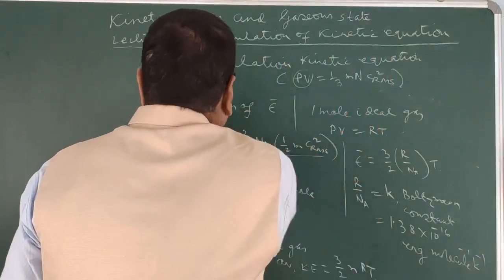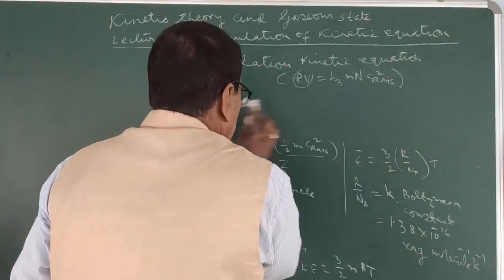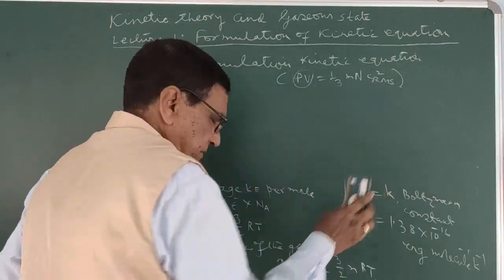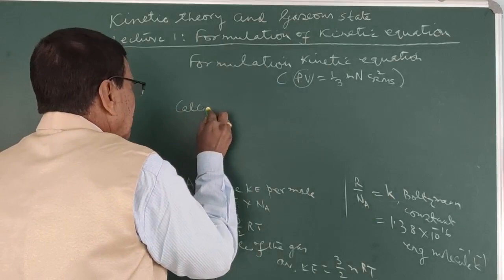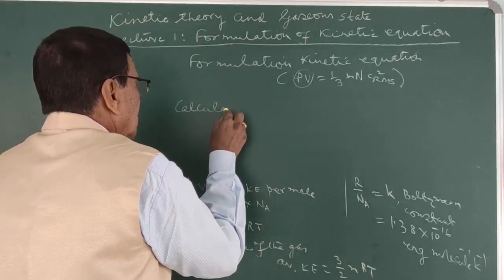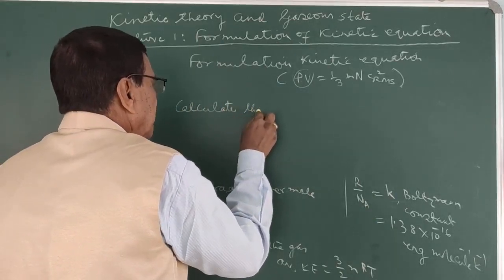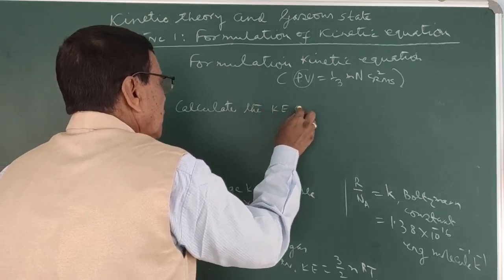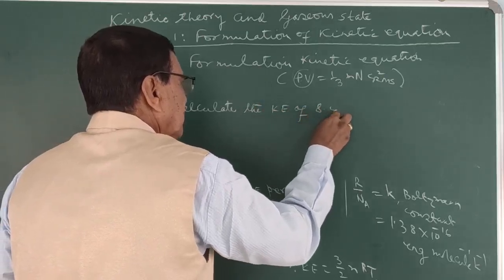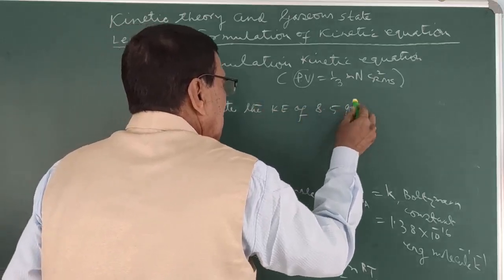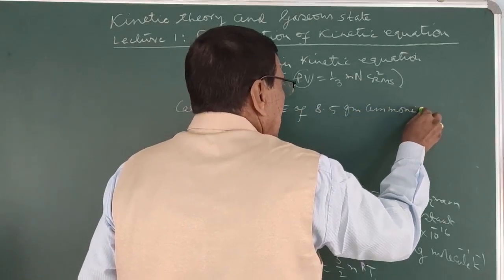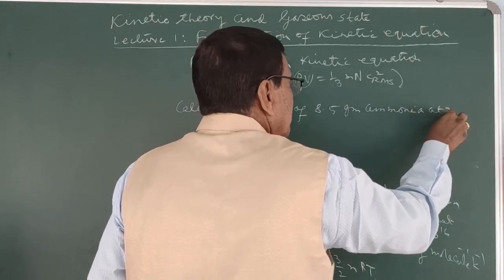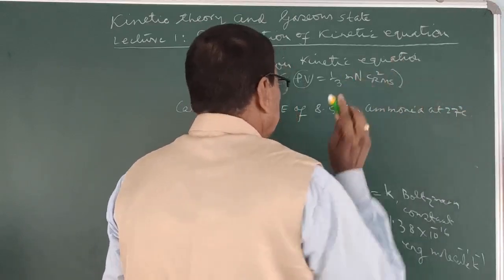So we can do another calculation. Calculate the kinetic energy of 8.5 gram ammonia at 27 degree centigrade.